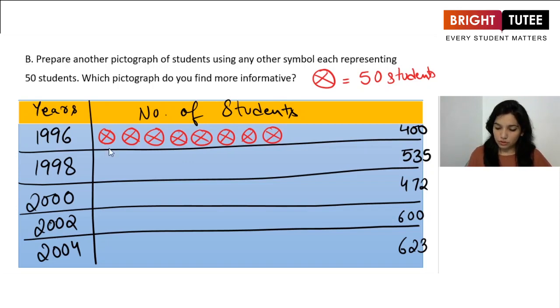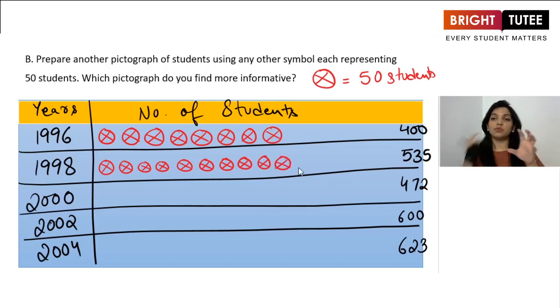So we have drawn a total of 8 symbols to represent 400. Now the next one, 1998, we need to represent 535. So say it is 100, 200, 300, 400, 500. Now we need 35 more.